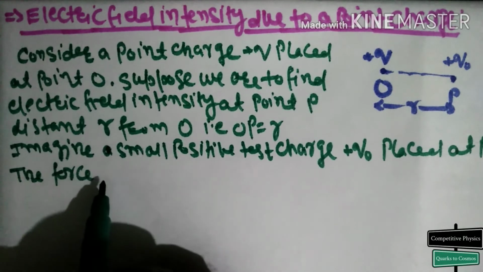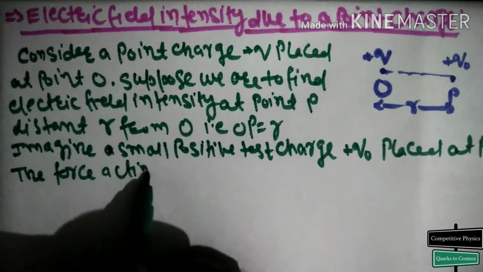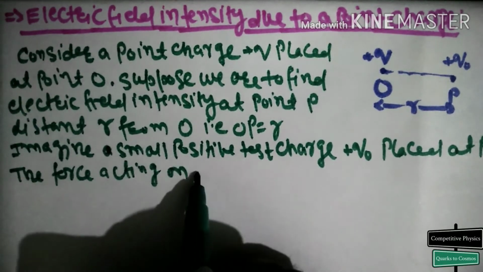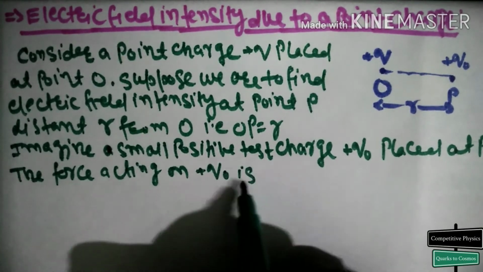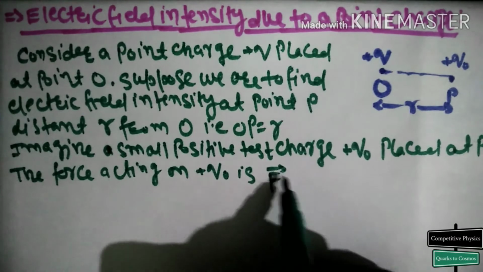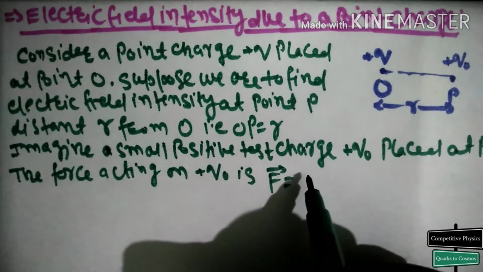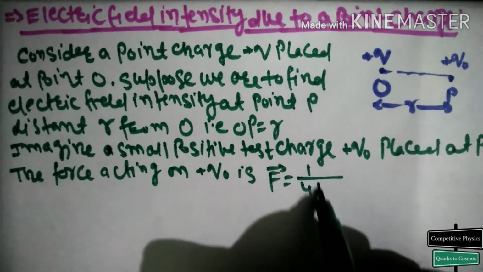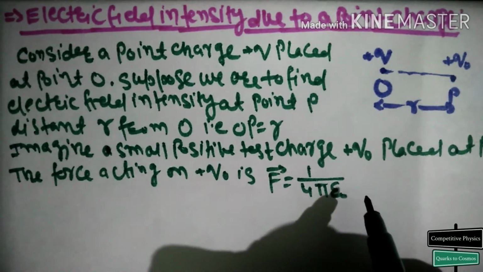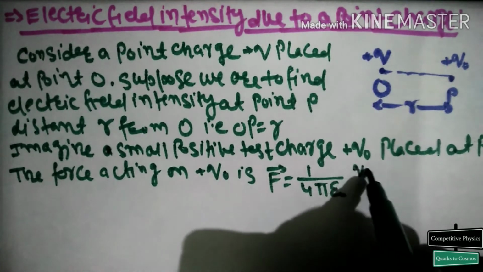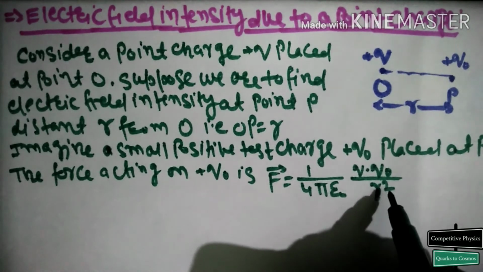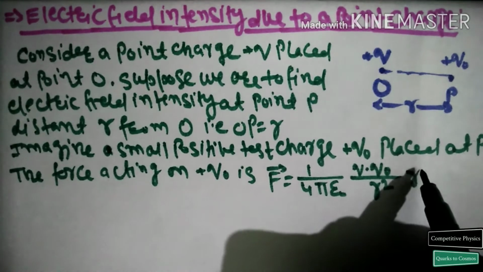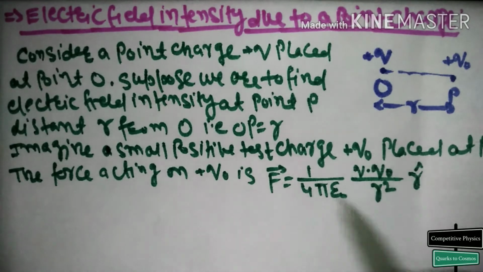The force acting on the test charge plus q naught, from Coulomb's law, is F equals 1 upon 4 pi epsilon naught, Q into q naught upon r square, in the direction r cap, the unit vector.